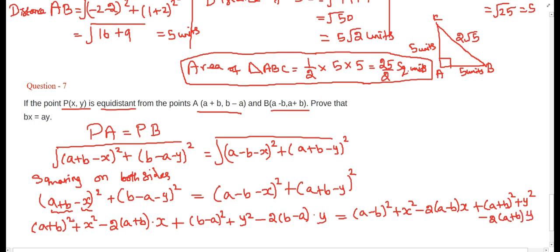So just cancelling the similar terms. (a plus b) whole square, (a plus b) whole square, (b minus a) and (a minus b) are the same in square form, and then x square is cancelled, y square is cancelled.